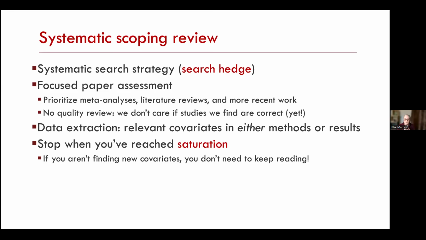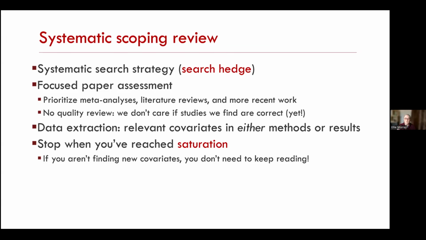One thing that's important to note at this point is that we're not going to do any kind of quality review yet, because when we're just looking for potentially relevant studies, we don't actually care if these studies are correct. We just want to know what are the things that people have thought might belong on this causal graph because people think they might be related, right? So we're going for maximum possible variables. And so because of that, we want to make sure that we're extracting relevant covariates in either the methods or the results.